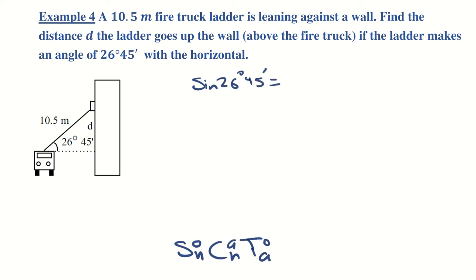We know that that should equal the opposite, d, over the hypotenuse, 10.5. So if I imagine a 1 under the sine and cross multiply, I get d is equal to 10.5 sine 26 degrees 45 minutes, okay? So we just need to do that calculation.